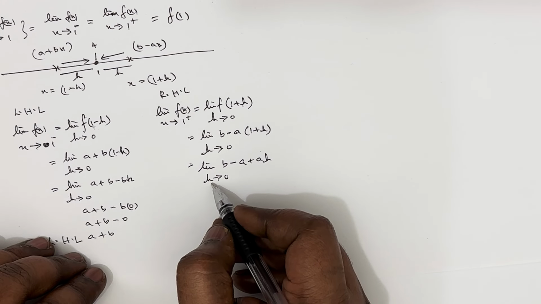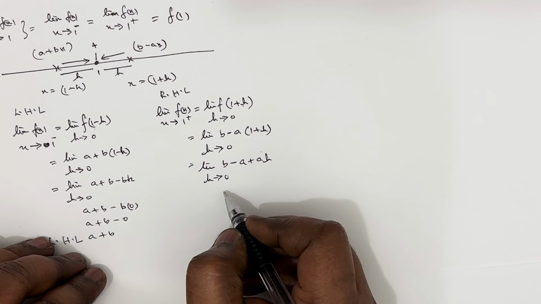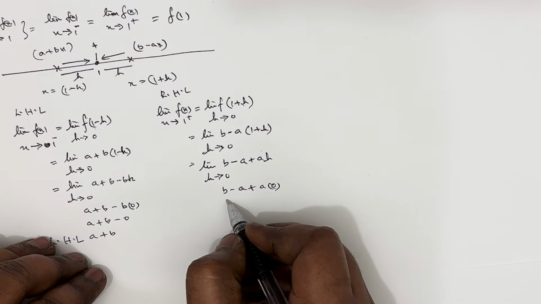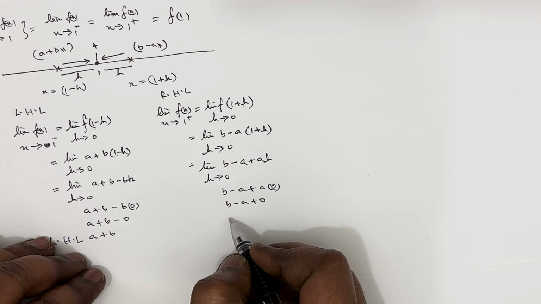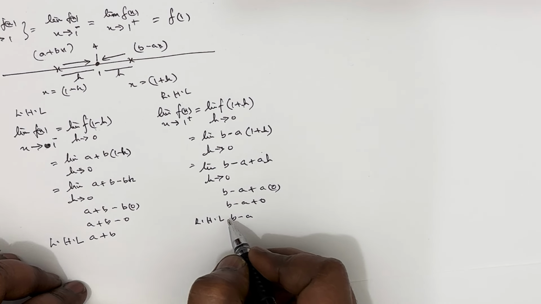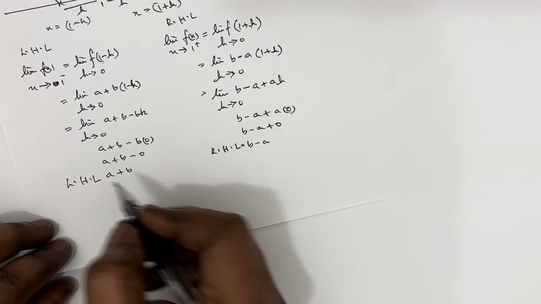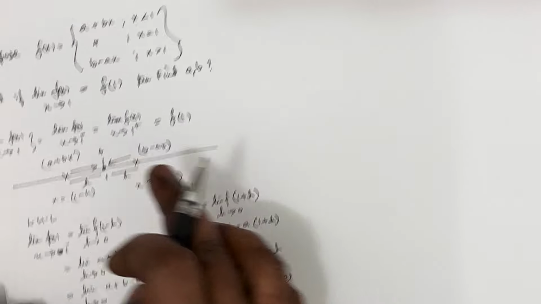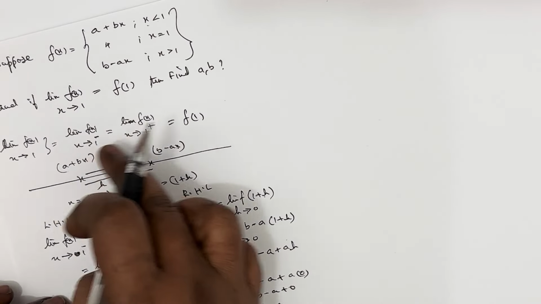Applying the value of h, it becomes b minus a minus a multiplied by 0, which is b minus a. This is the RHL.